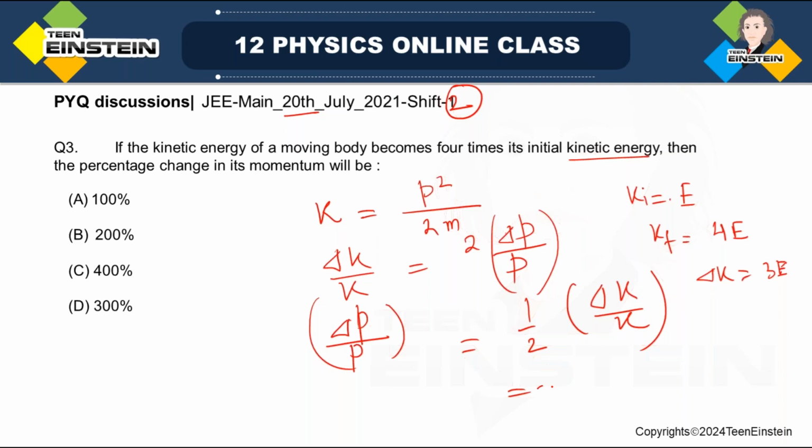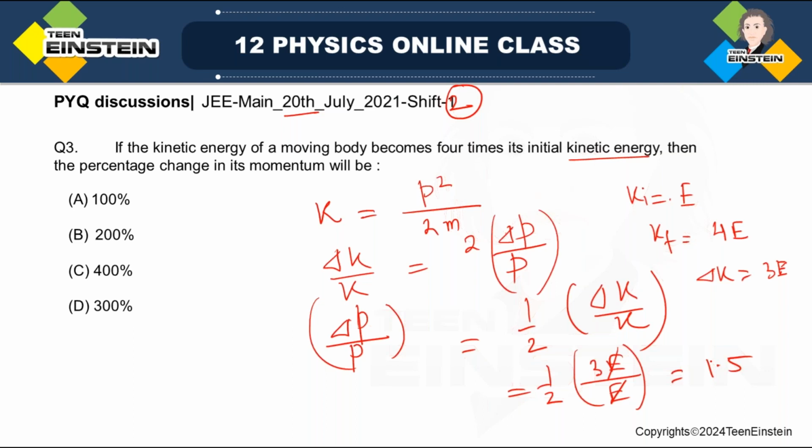Then I get half into 3E divided by E. This will be 1.5.